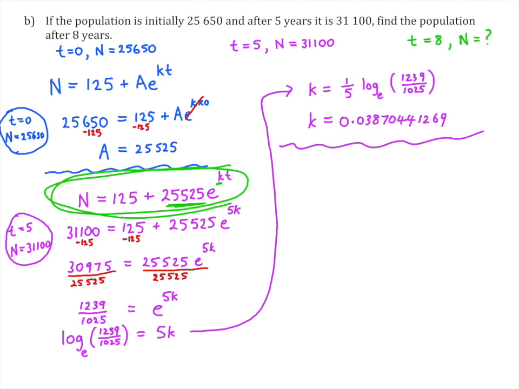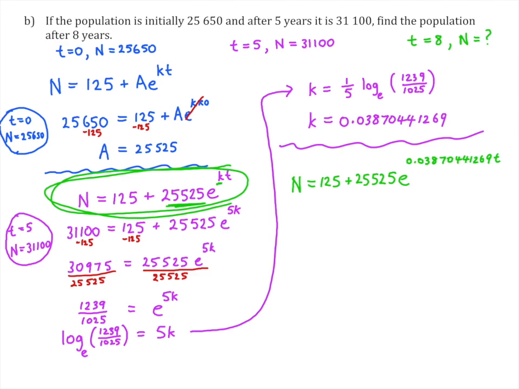I get n equals 125 plus 25,525 e to the power of k times t, which is 0.03870441269t. That's my new formula.